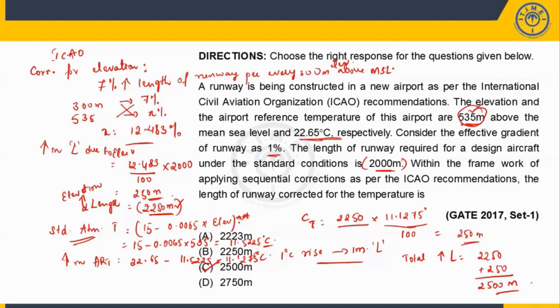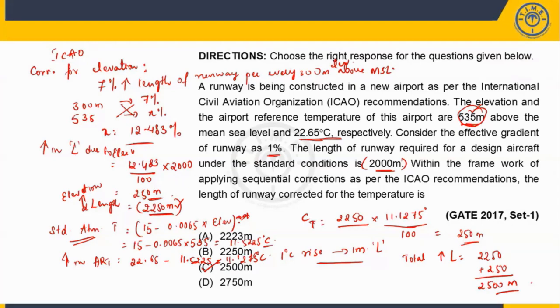Actually the temperature should be 11 degrees centigrade, but the temperature is 22 degrees centigrade. So how much is the increase you have? 11.1275 degrees Celsius. Actually the temperature should be 10 degrees, but you have it as 21. So how much is the increase?